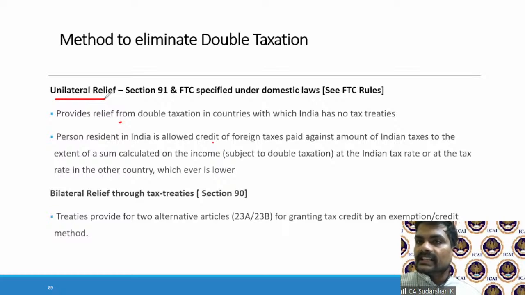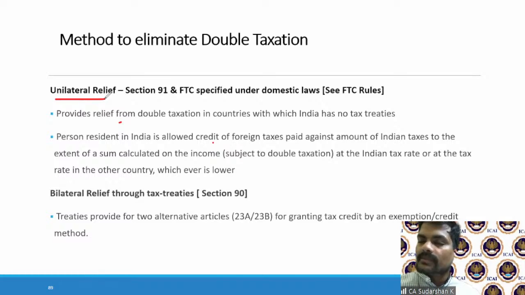Now, the credit method is pretty straightforward. So whatever is the total India tax that is coming, you can take a foreign tax credit against it. India normally follows the credit method, but there are very few instances where the exemption method applies. So this is largely bilateral. The treaty should specifically mention it.